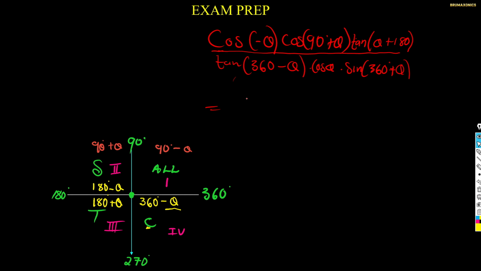So this will definitely be cos theta, and then cos 90. When you see 90, you already know that this is going to change, and this will change into a negative sine theta.